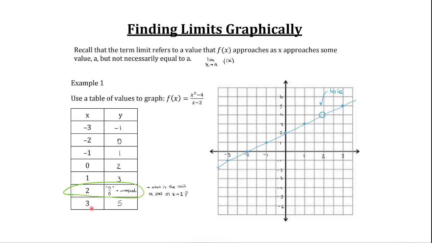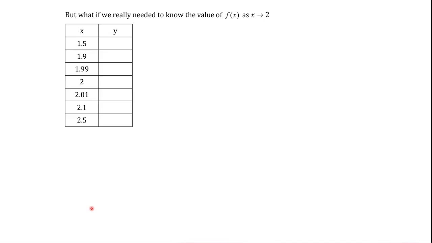And so in order to find that out, we are going to take some values that are really close to 2, okay? And so here again, using a calculator, when x is equal to 1.5, f of x is going to be equal to 3.5. At 1.9, f of x is equal to 3.9. At 1.99, f of x is equal to 3.99.